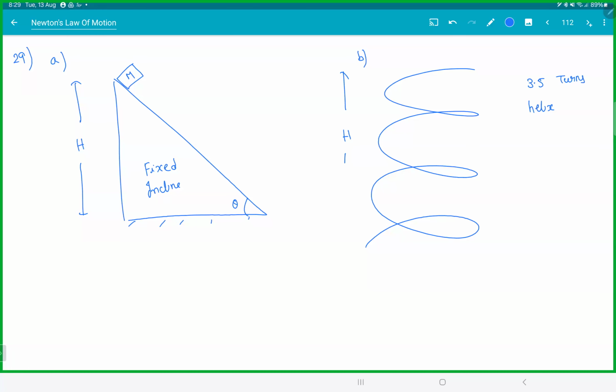Height is h, radius is r. This is point A, this is B. Here we have a bead, and the bead is sliding on the helix. Find the time taken to reach the ground, in both cases.